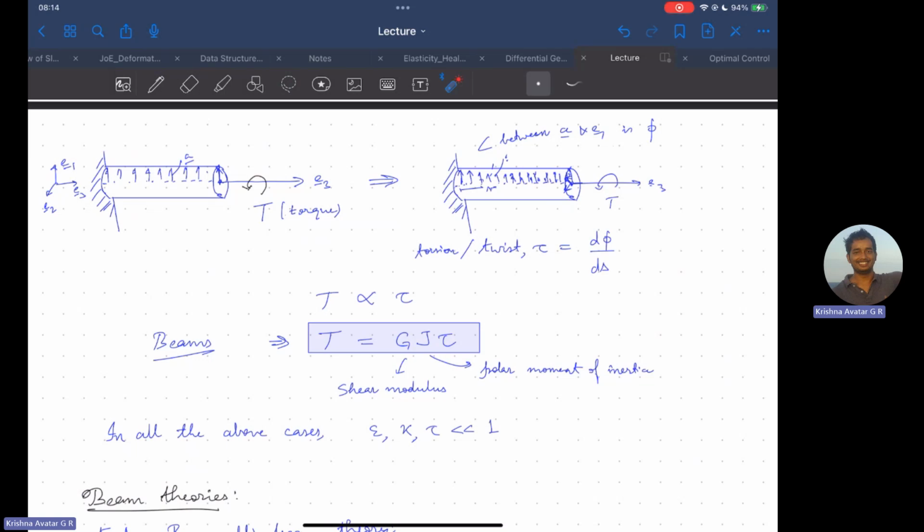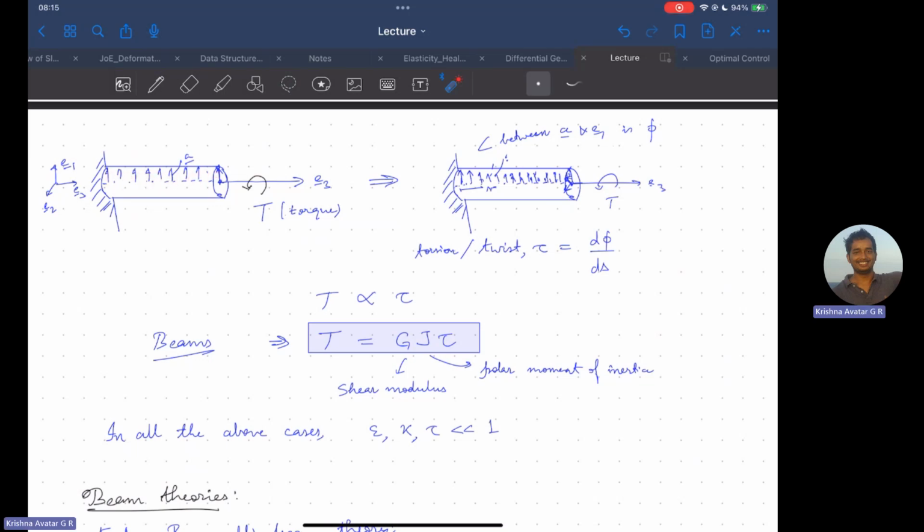At every location s, we have some rotation of the cross section. The measure of rotation is given by phi, which is the angle between, say, some vector A which was parallel to E1 for every cross section.